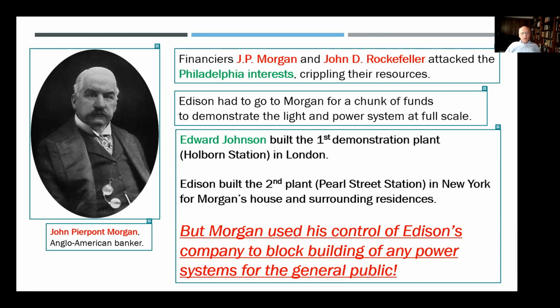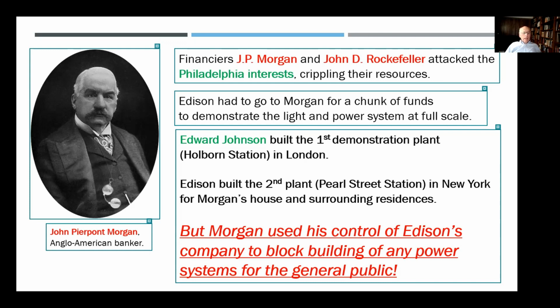Johnson built the world's first demonstration plant of an electric power station for the public. Edison built the second one called the Pearl Street Station in New York. It was built for J.P. Morgan's house and surrounding residences.